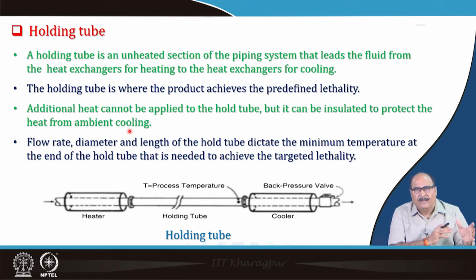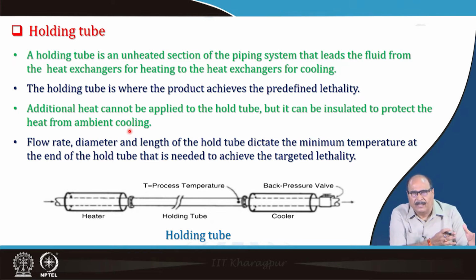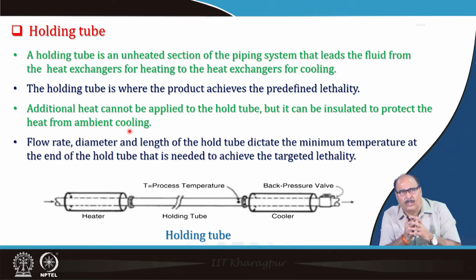Then, in the heat exchanger, the material is heated to the desired temperature in degrees Celsius, 130, 140, 170 as the case may be. How much heat is to be applied, one can calculate using the equations that we gave. Then from the heat exchanger, it is conveyed to the holding tube.